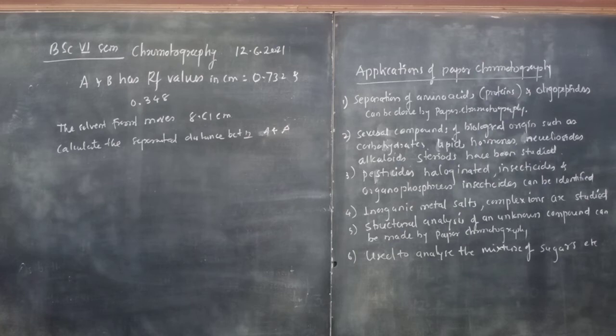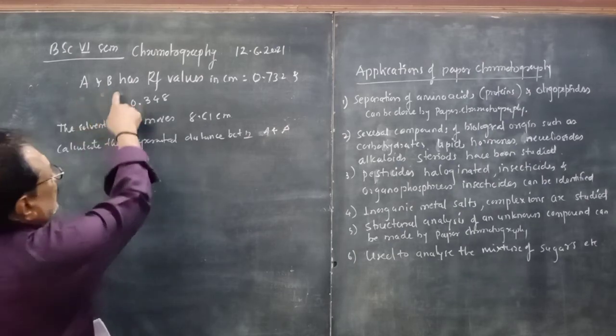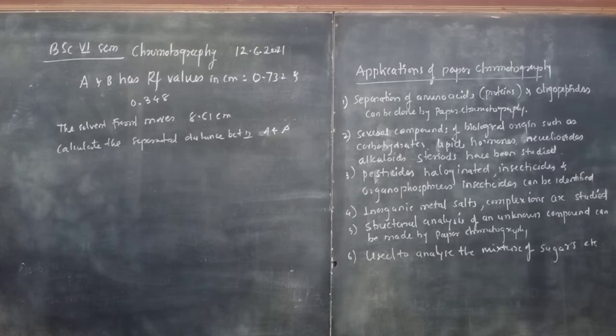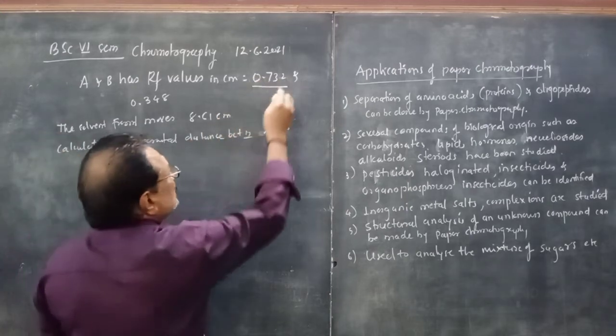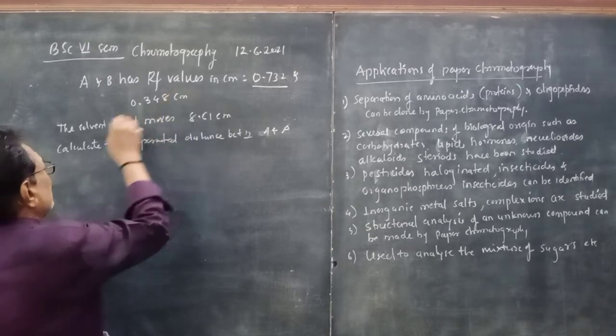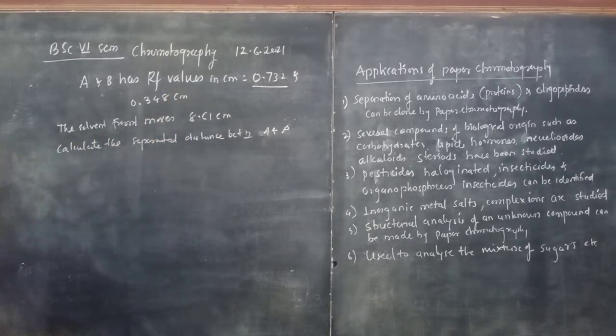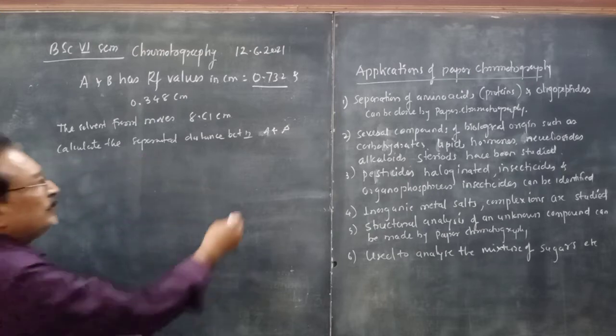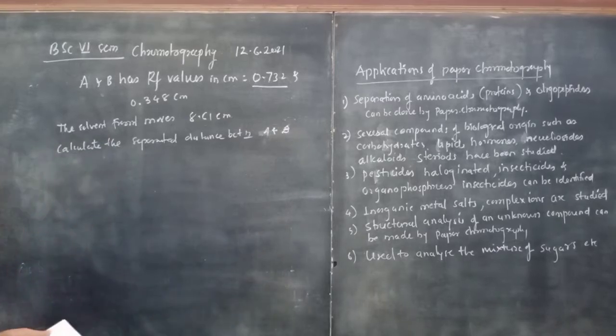A and B are the two components and their values are given here, 0.732 and 0.348. If the solvent front moves 8.61 centimeter, then calculate the separated distance between A and B. You have to go for the calculation.